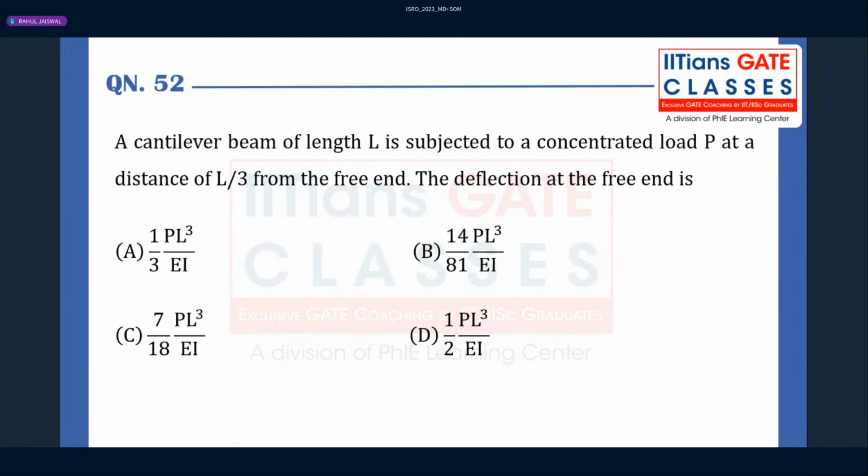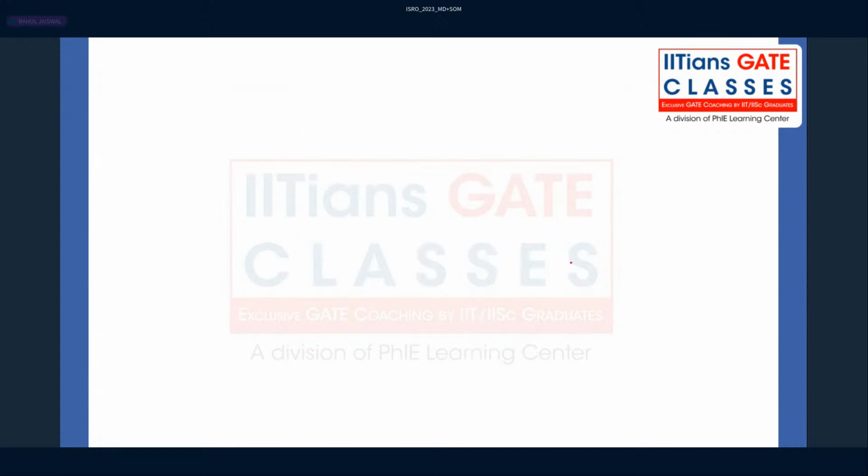Now coming back to the next question: a cantilever beam is subjected to load P at a distance of L by 3 from the free end. They are asking what is the deflection at the free end.